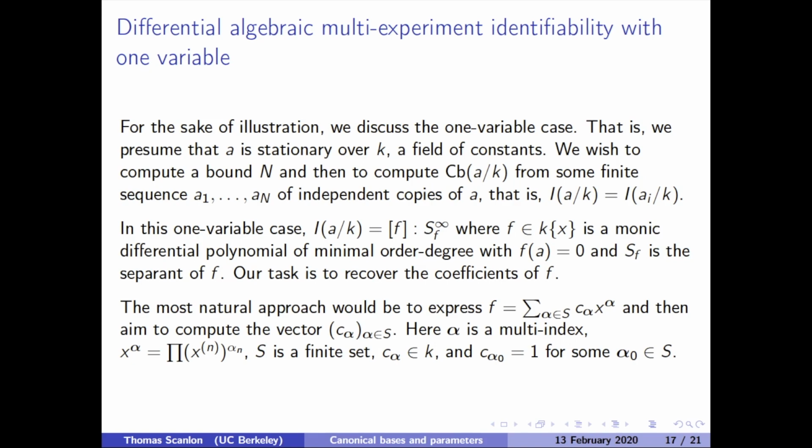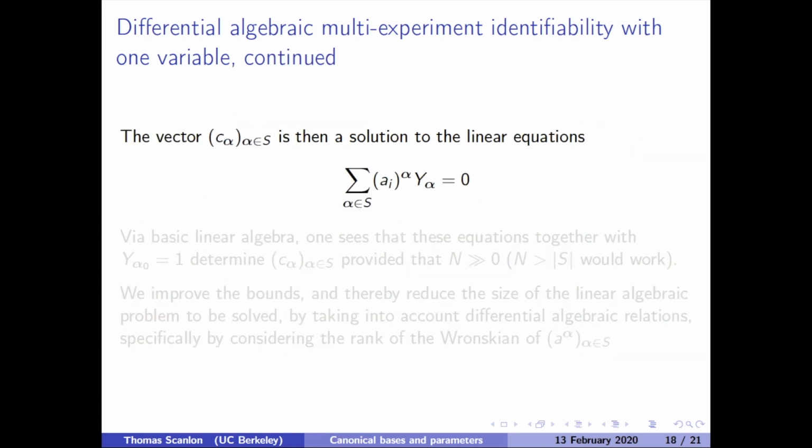So you write down what you want the polynomial to be, but you don't know what these constants are, and now you want to compute those. I compute those by turning this into a linear problem in the constants. If I plug the element a into the variable x, I have to differentiate it, raise it to powers, and so on.